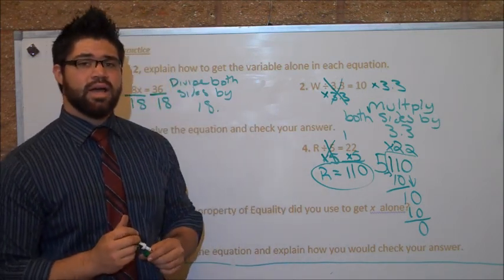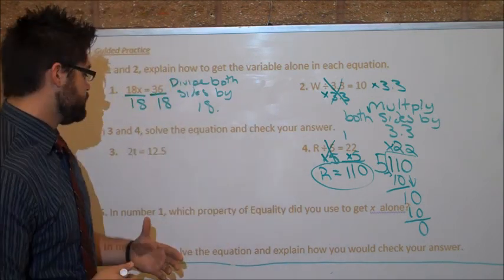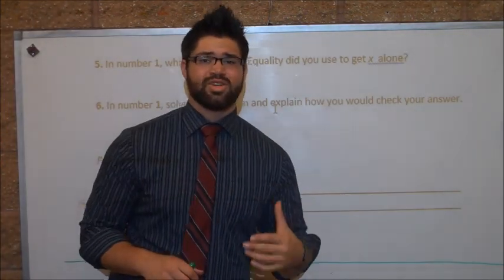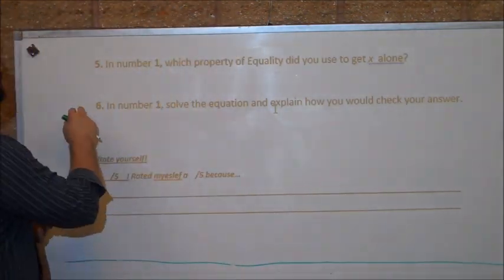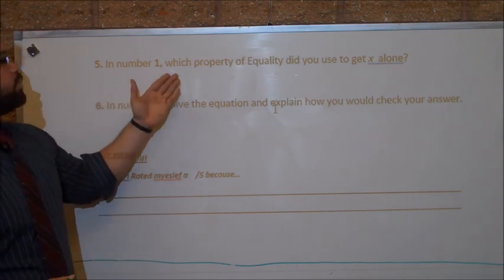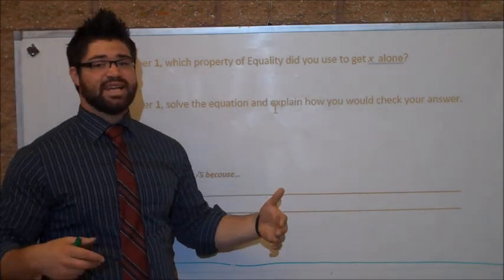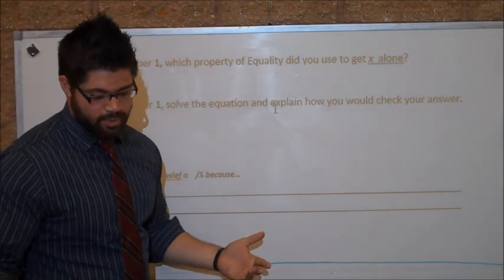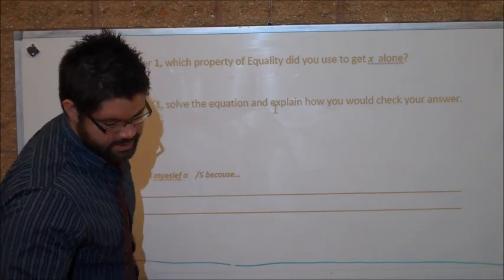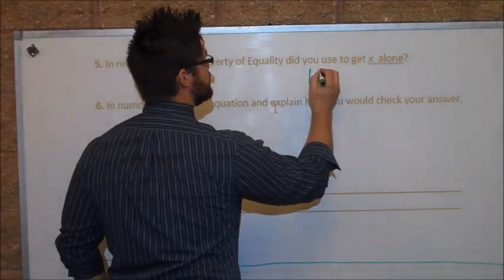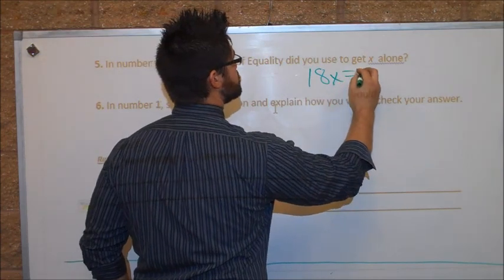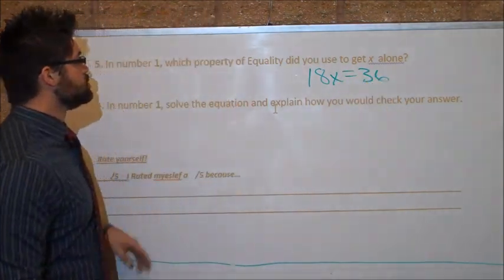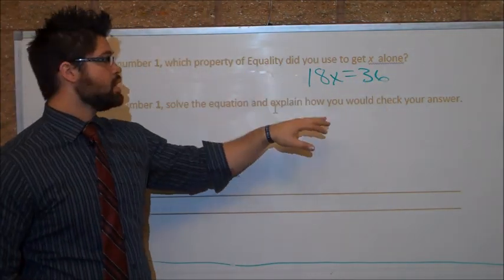So go ahead and look at number 5 with me. So let's look at number 5 together. Number 5 asks us, in number 1, which property of equality did you use to get x alone? Well, if you remember in number 1, our problem was set up as 18x equals 36. So which property of equality did we use?